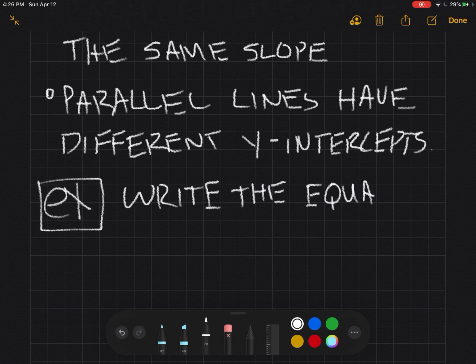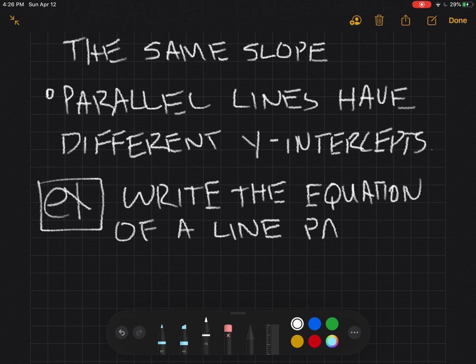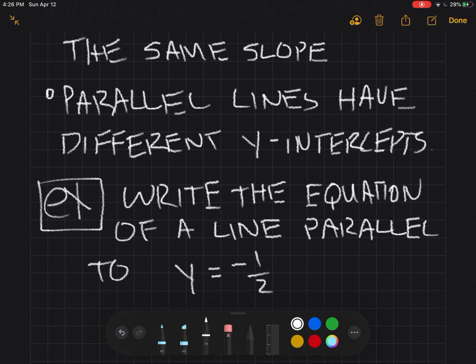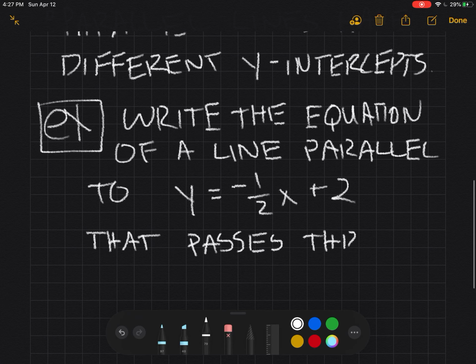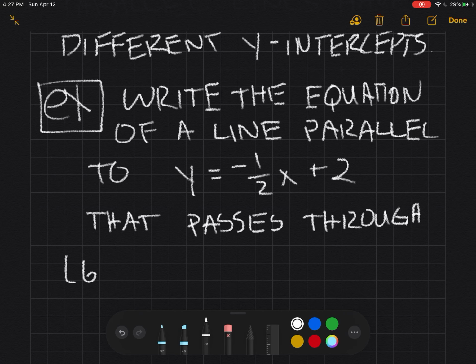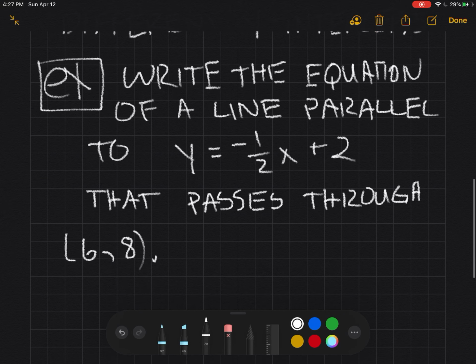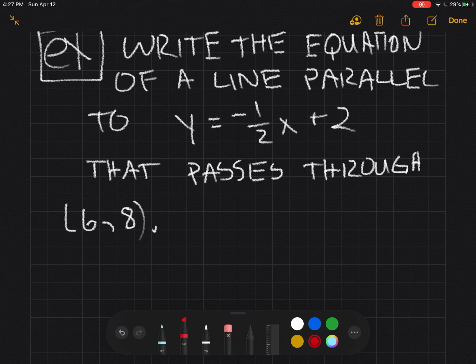They're going to say, write the equation of a line parallel to y equals -1/2 x plus 2 that passes through 6, 8, let's say. So this is how you can approach that kind of thing.